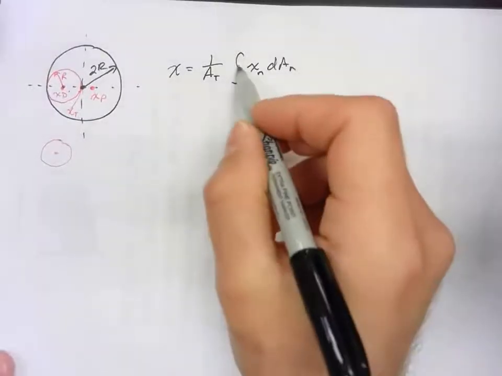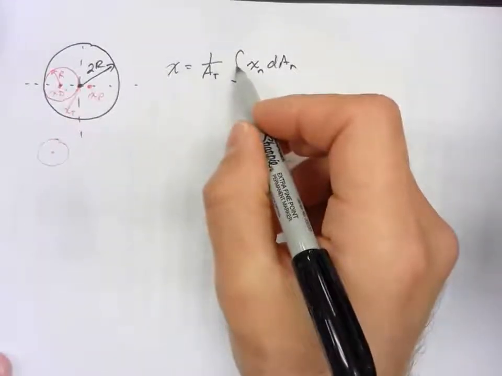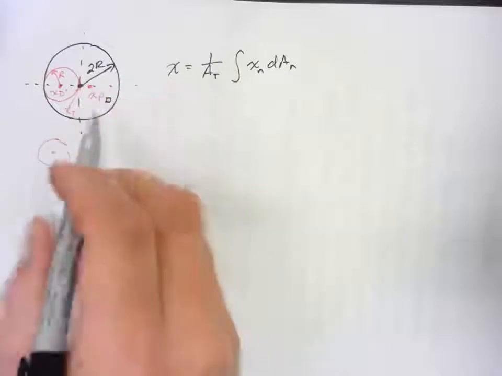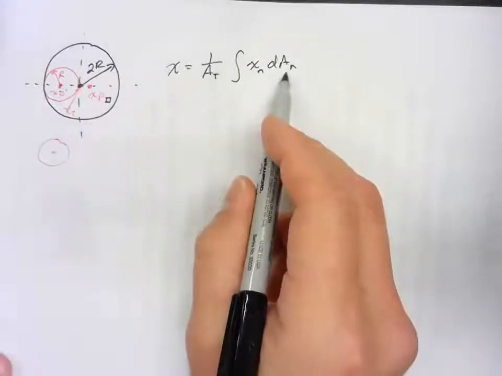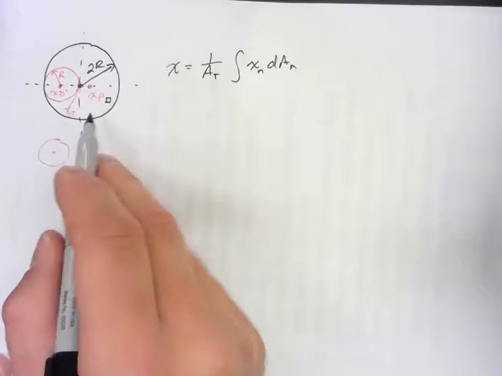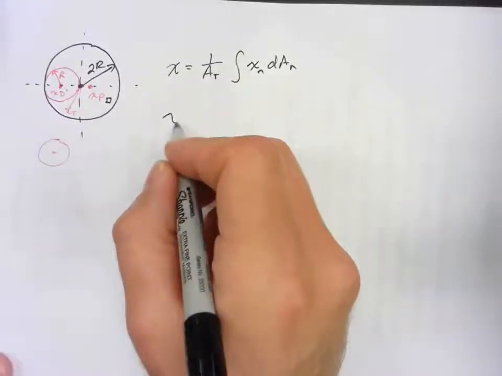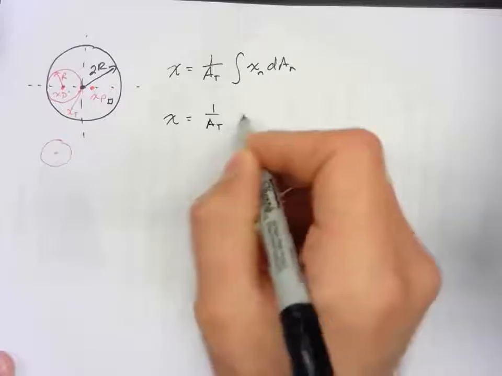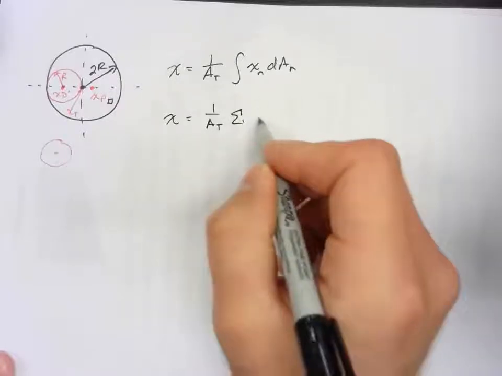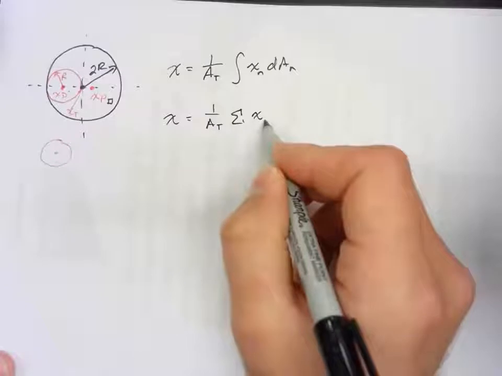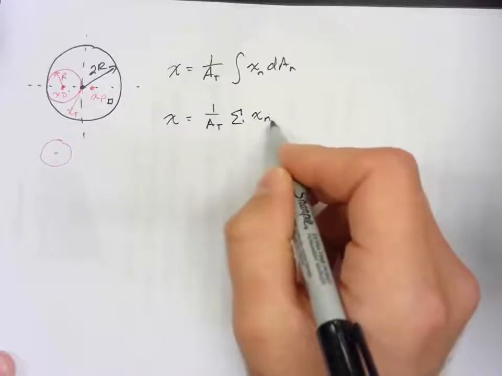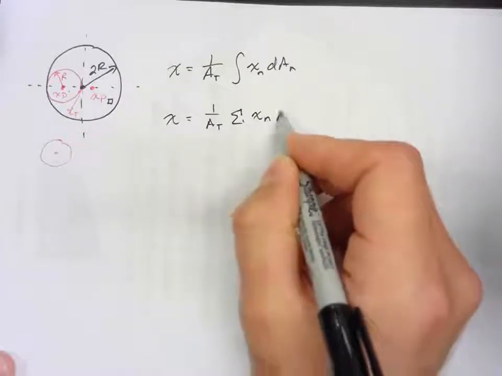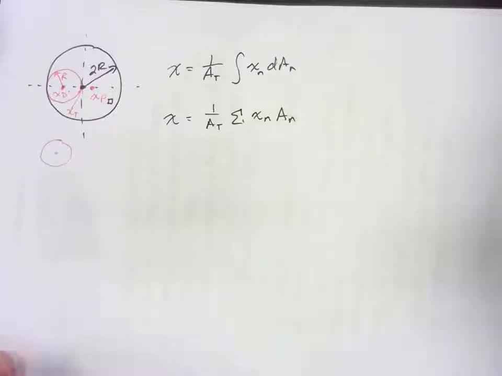Now, since the integral of all the little areas is going to equal the total area, we can think about these areas as particles. And then we can sum up the location of each object's center times the area of each object.